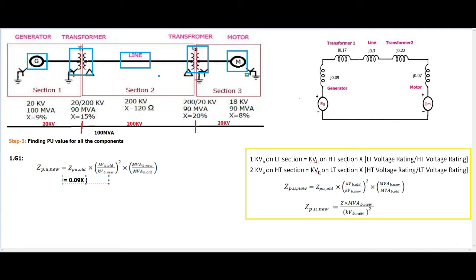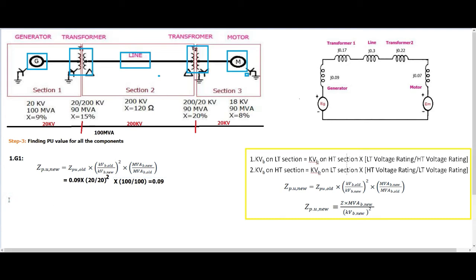So the old base voltage of the generator is 20, the new one is also 20, the whole square, correct? So you have to put the square, then multiplied by the new base power over the old base power. Both are the same because the generator is considered to be the base, correct? So both are the same value. Solving this one, we will get 0.09. We can put it either in terms of j or simply put it here.